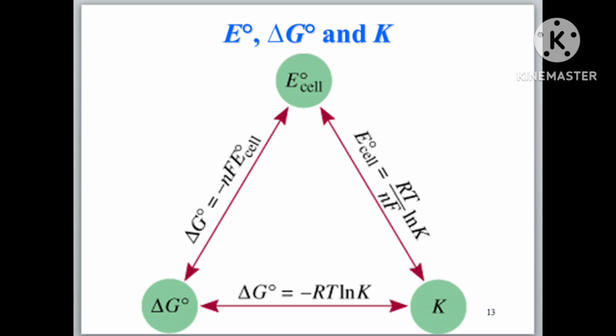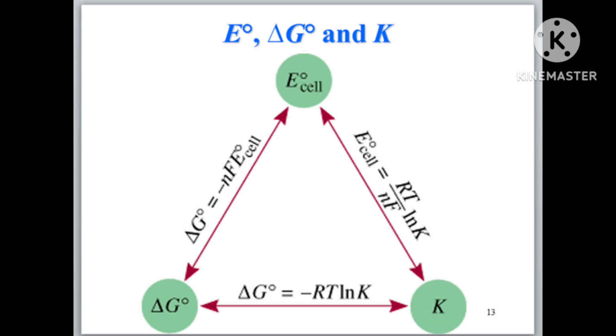Now I will read the question, then you can understand it. The standard electrode potential for Daniel cell is 1.1 volt.